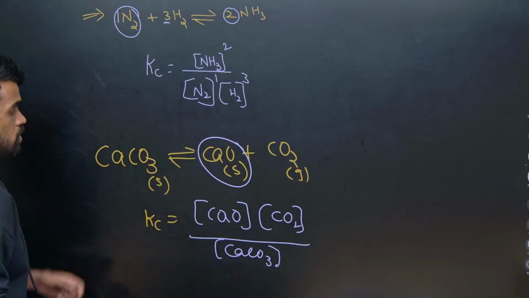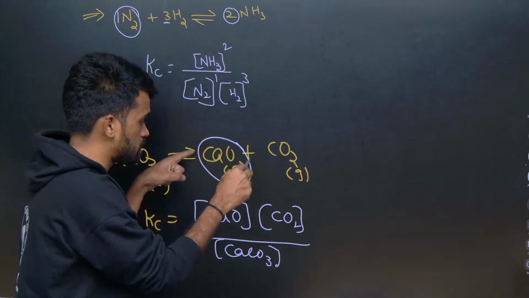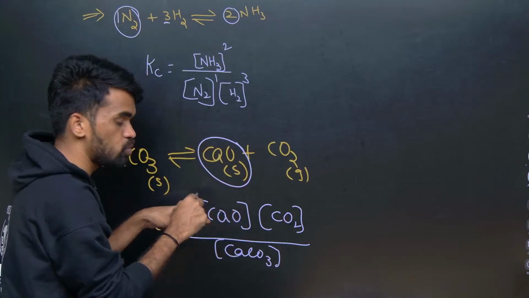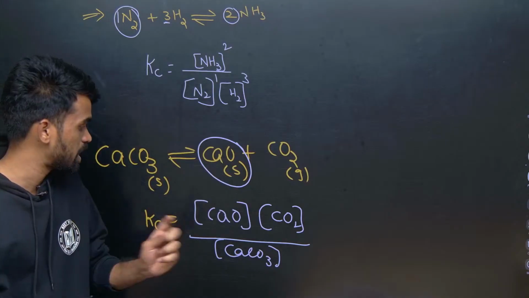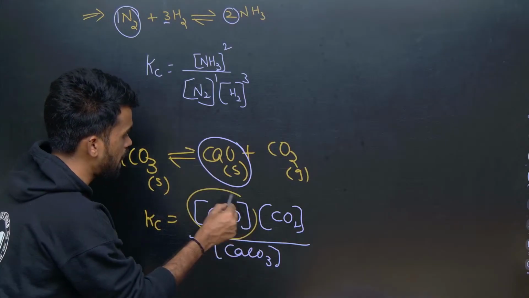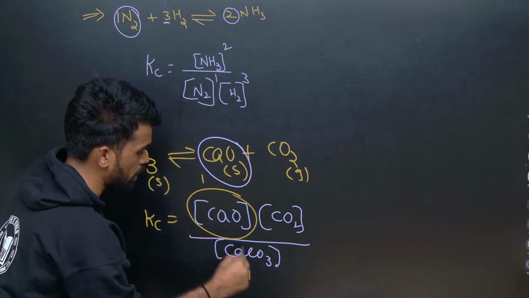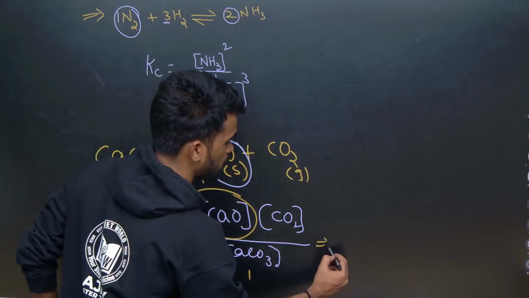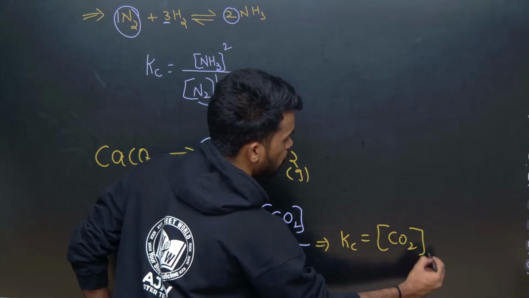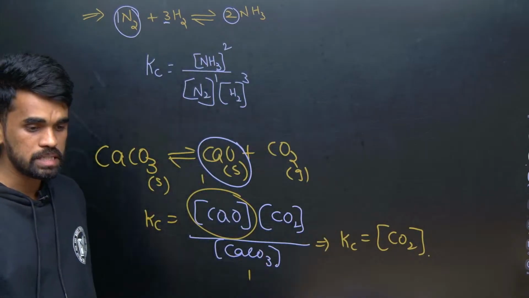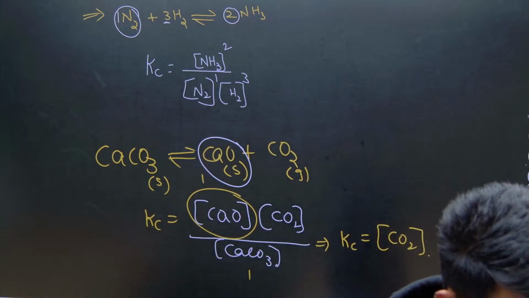But what I am saying is the active mass, the molar concentration of the solids, will be considered as 1. So for this the active mass is 1, and for this also the active mass is 1. Therefore Kc will be written as Kc equals the concentration of CO2 only. I hope it is clear, there is no confusion.